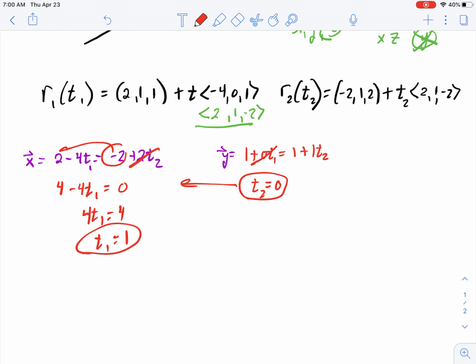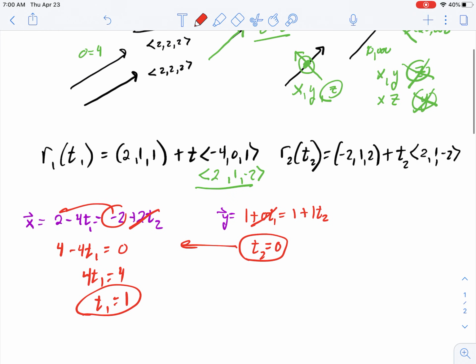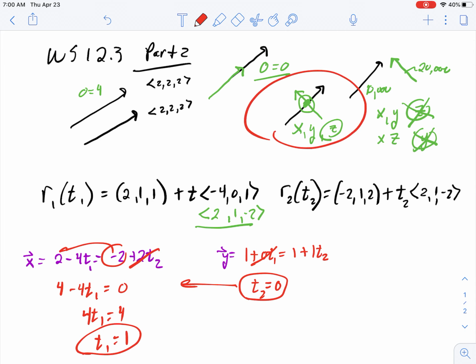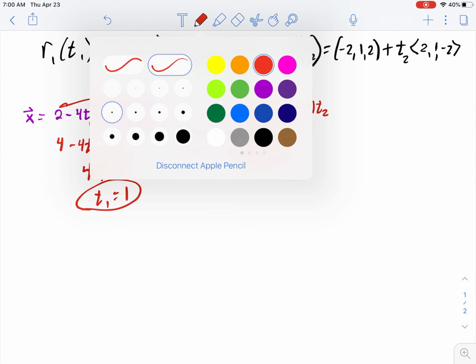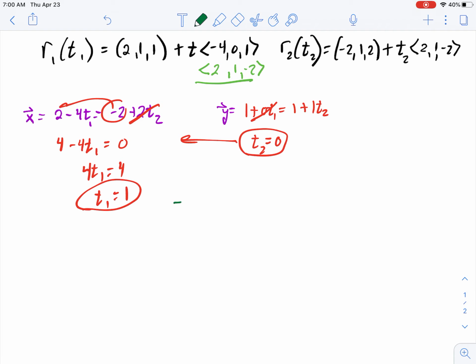But I still have to check, okay, to see what kind of scenario I might have here. Because I have those two that could still happen. So looking at my z component, so my z component would be 1 plus 1t1, and then 2 plus negative 2t2.